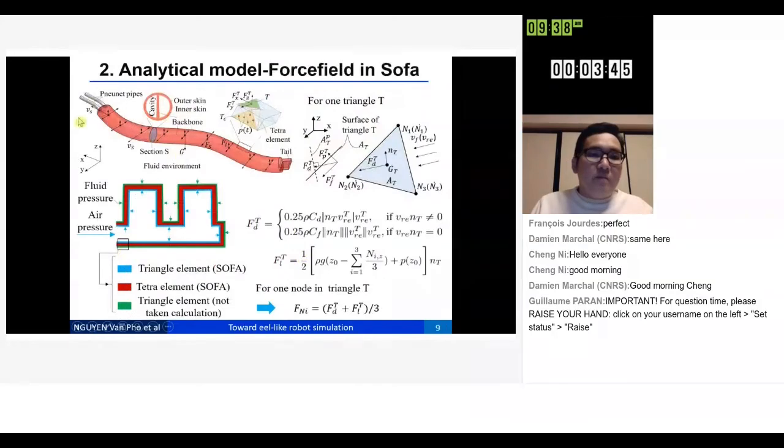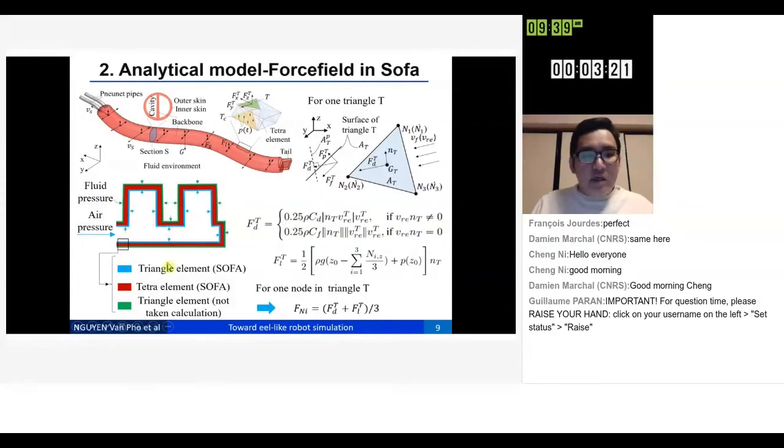The CAD model of the Eel Robot in the previous slide was made in 3 layers, corresponding with 3 different force fields: fluid pressure, tetrahedron FEM force field, and the air pressure.